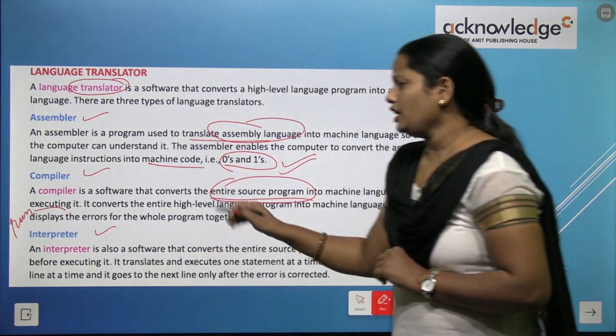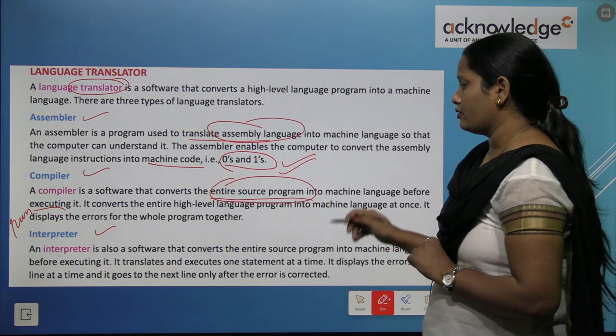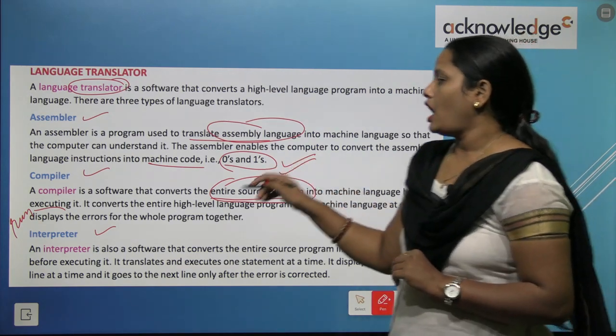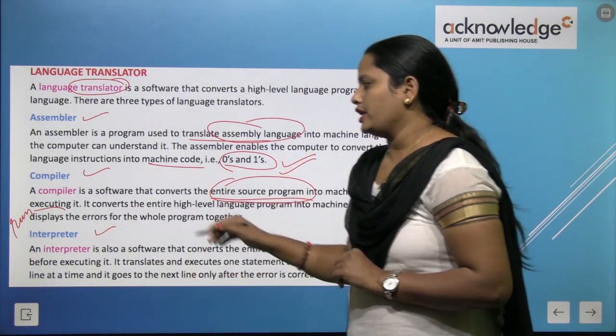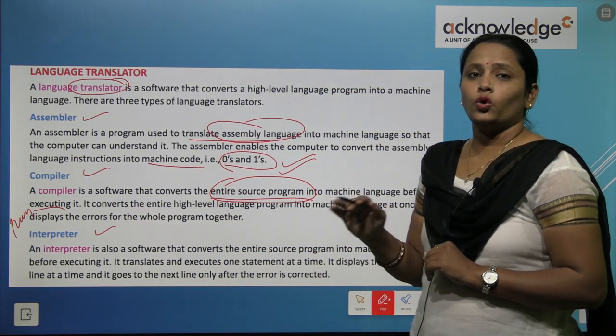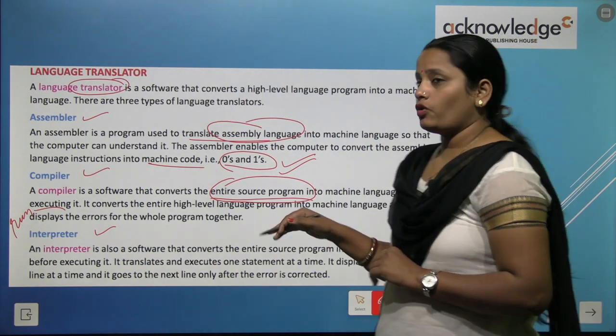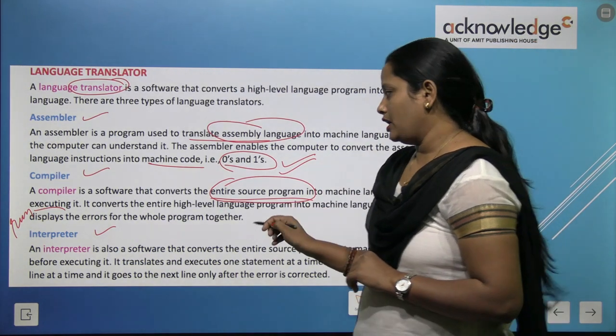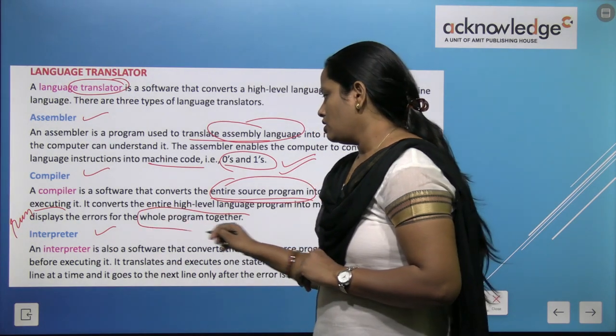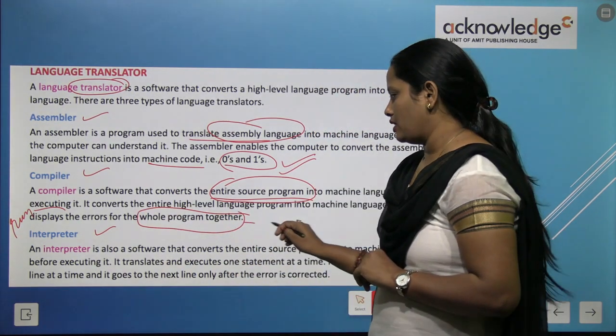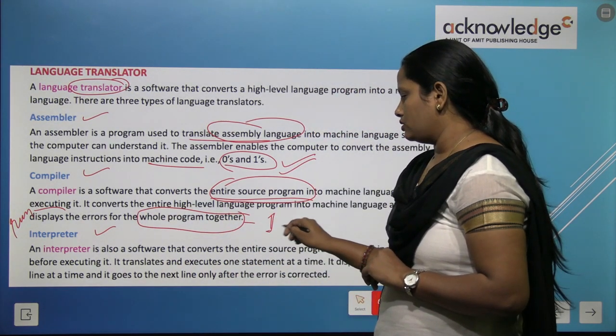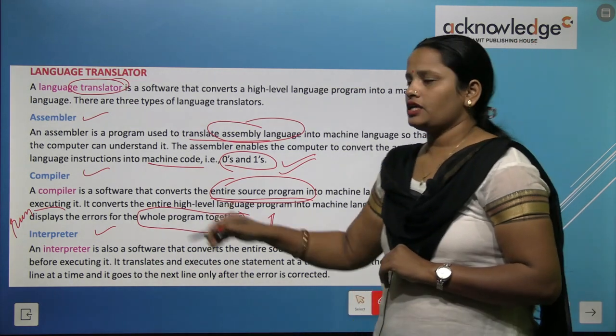It converts the entire high level language program into machine language at once and displays the errors for the whole program together. So whatever errors are in our program, it displays them all at one time, at the end.